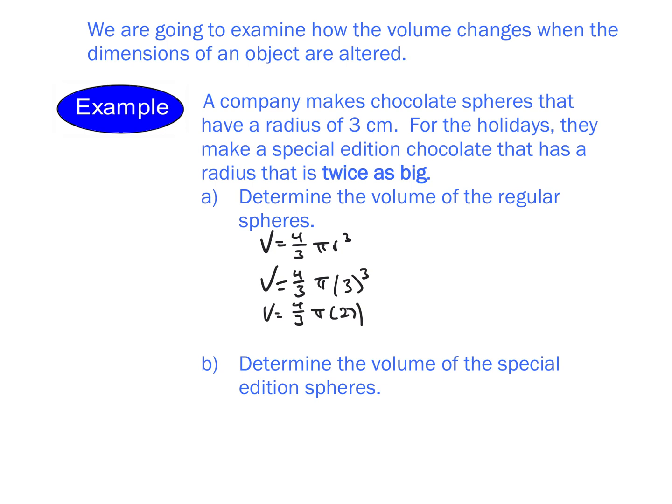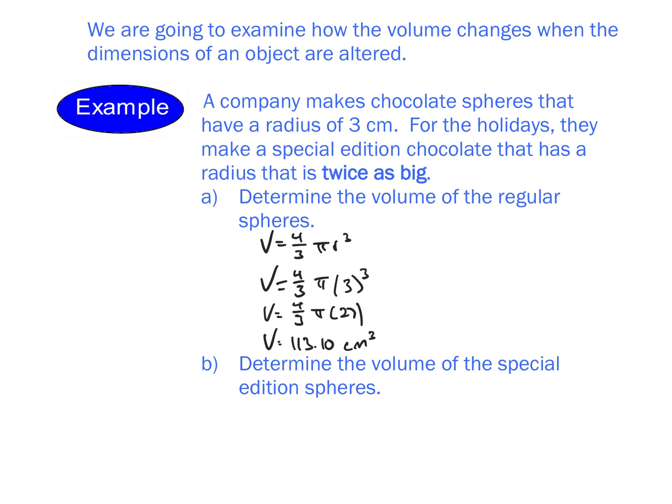And now we're going to go ahead and figure out what that is. 4 divided by 3 times pi times 27 is 113.10 centimeters cubed. That's the volume of a single chocolate sphere.